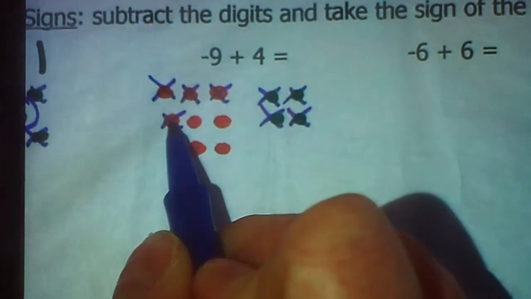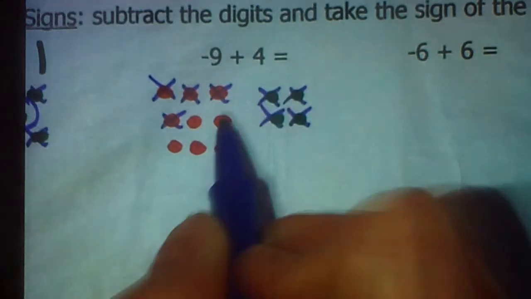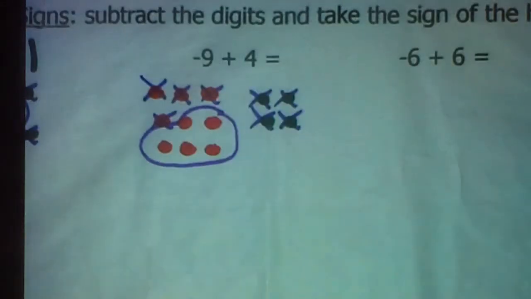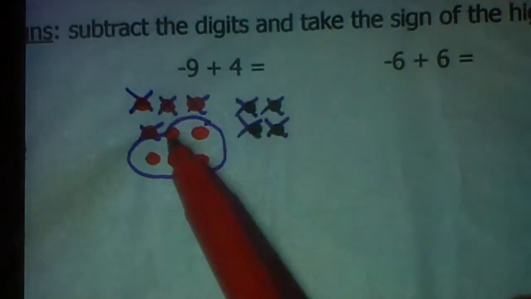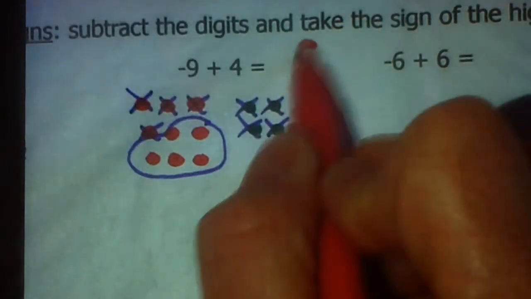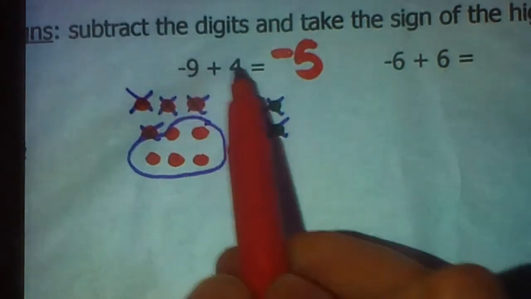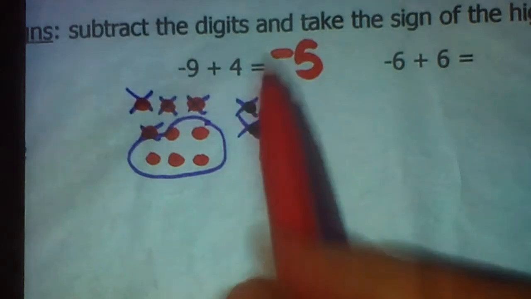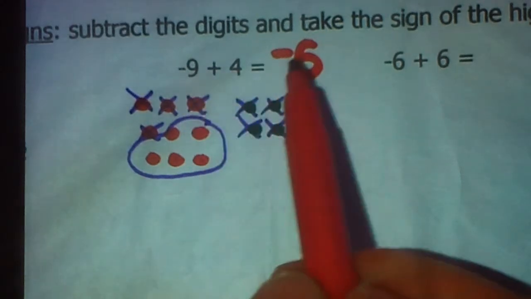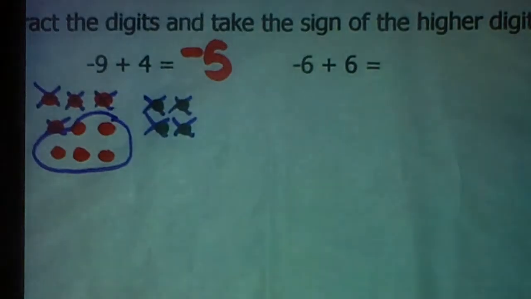So those 4 negatives cancel out those 4 positives. When you take a look at what's left, we have 1, 2, 3, 4, 5 negatives left. And again, 9 minus 4 is 5. The higher digit is negative, so my answer is negative. Ms. Sullivan's going to take over for these last 2.